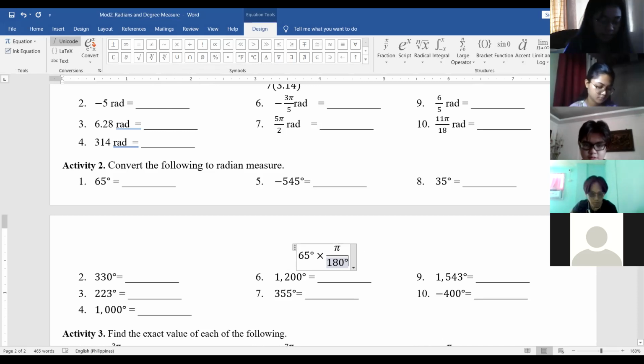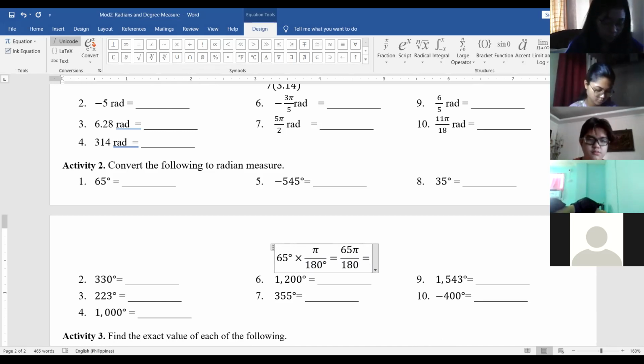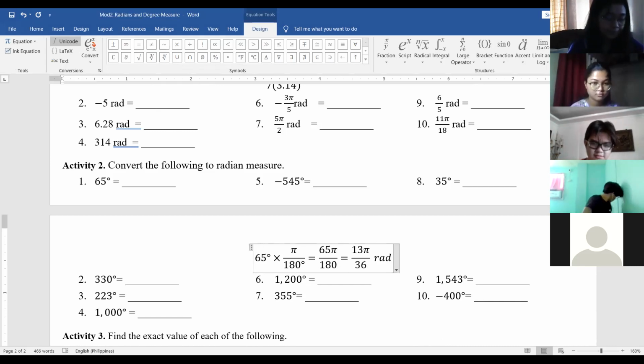What you will cancel is the unit of the degrees, leaving the answer 65 pi over 180. You just have to simplify it, 65 divided by 180, and you'll get 13 pi over 36 radian. So there you have your answer in number 1.